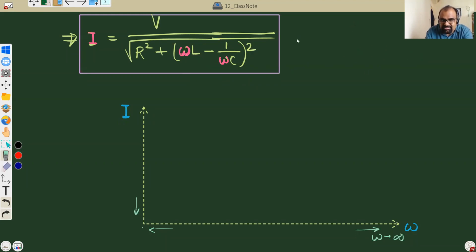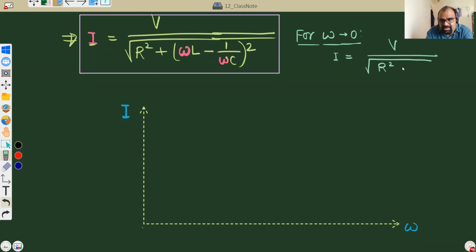I will write this so that it becomes more clear to you. For omega tending to 0, current will be V by the square root of R square plus (0 minus 1 by 0) square.